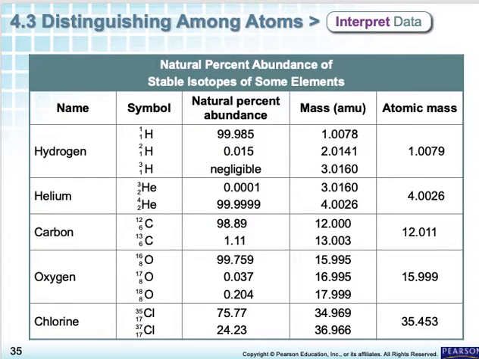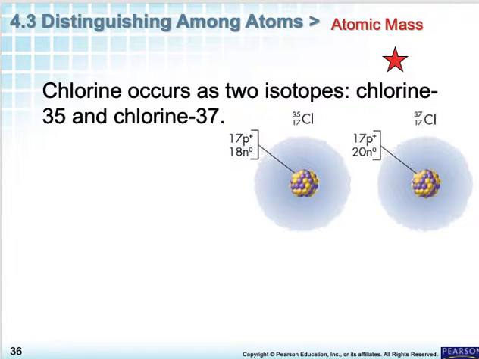Here we have the masses for the first few elements with their percent abundances, and then we have their average. You've done this calculation already in class. We change the percent into a decimal, multiply by mass, add the 2 up, and you get the average atomic mass.